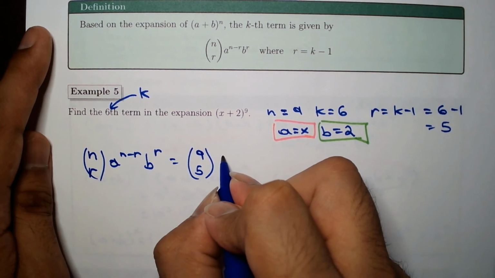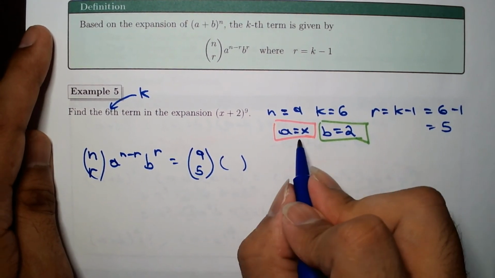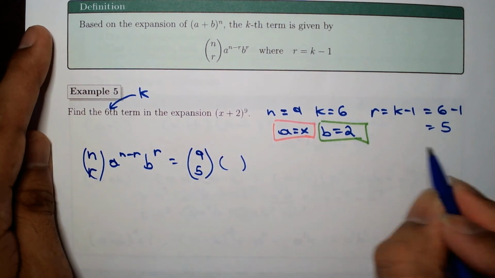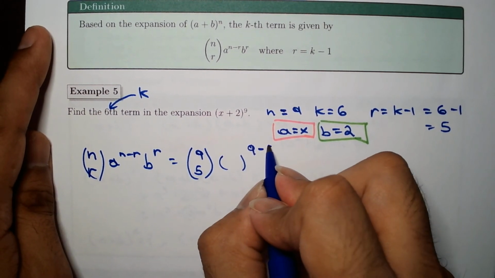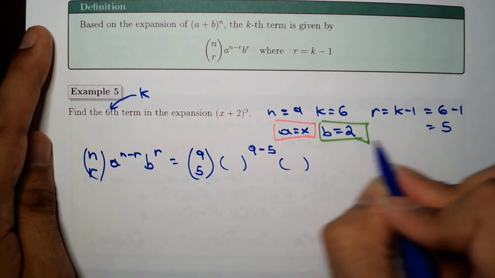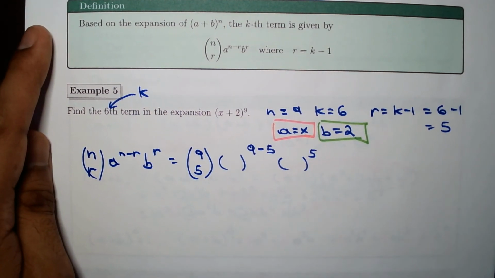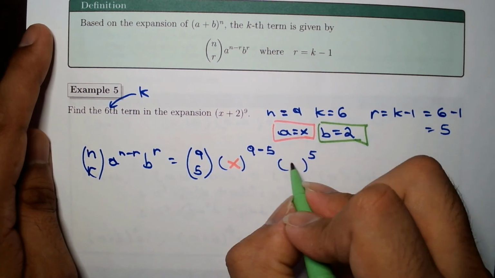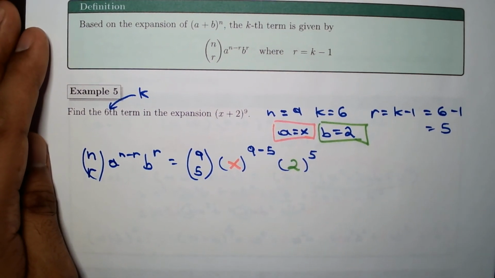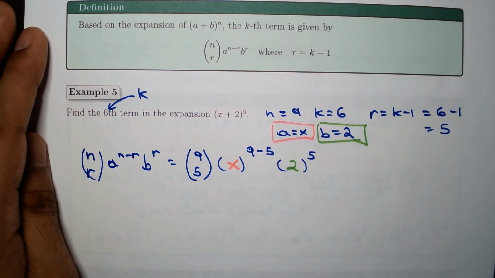And a, which is the quantity x, raised to the n minus r, in this case 9 minus 5, and the quantity b to the r, which is 5. And in this case, x, and in that case, 2. Alright, so we keep simplifying this.